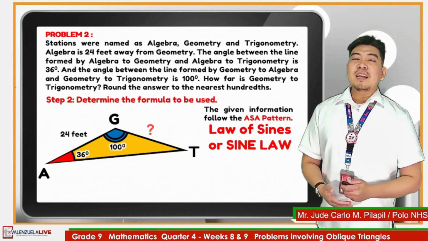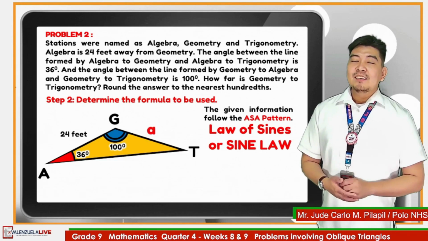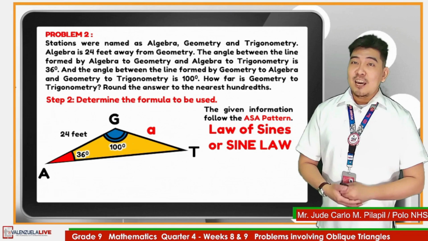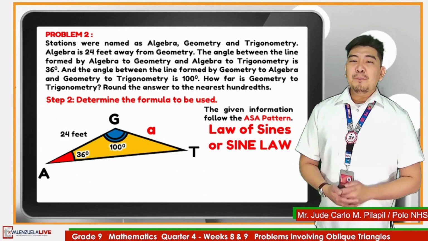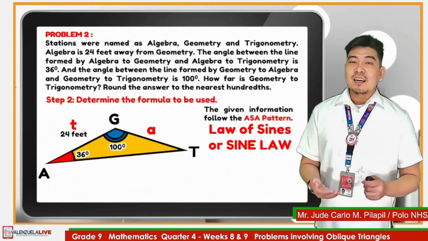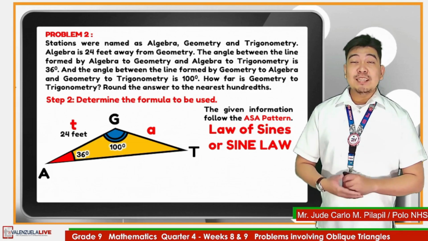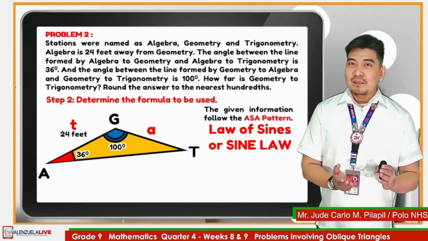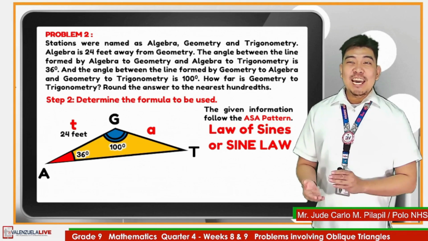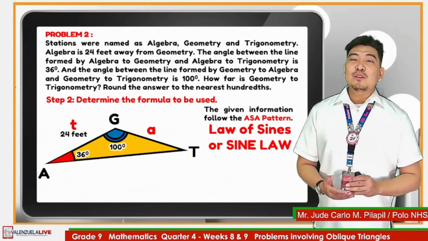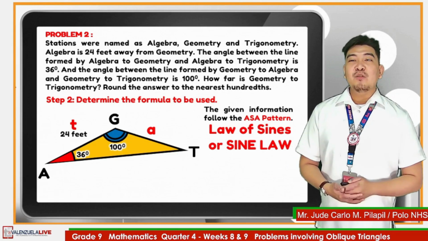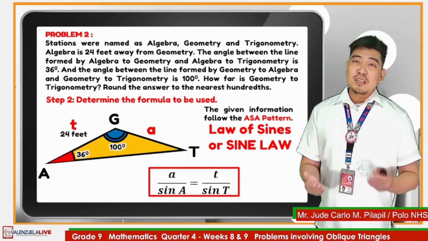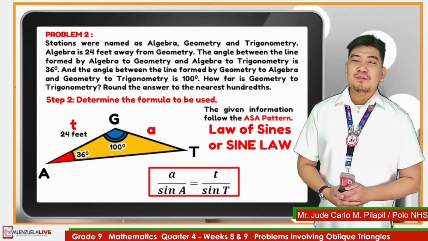Next, we represent the unknown side as a since it is the side opposite angle A. Then, we represent the given side as t since it is the side opposite angle T. Relating the 2 sides a and t and the 2 angles, angle A and angle T, we use the derived form of the sine formula: a over sine of angle A is equal to t over sine of angle T.